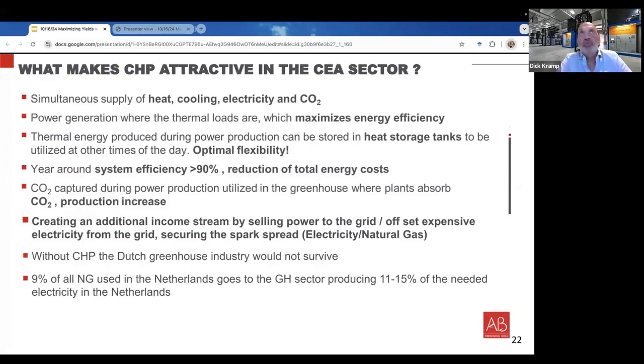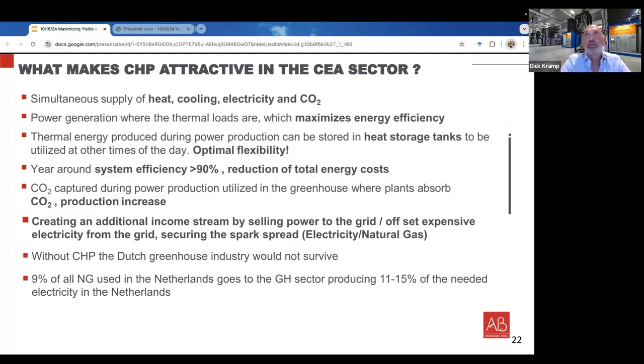So what makes CHP so attractive in the CEA sector, and why is it so widely used in the world? For example, in the Netherlands, there is around 4 gigawatts of cogeneration installed at greenhouses, because the whole environment for CHP was really paved for the growers by the government and by the industry itself. It's a simultaneous supply of heat, cooling, electricity, and CO2.